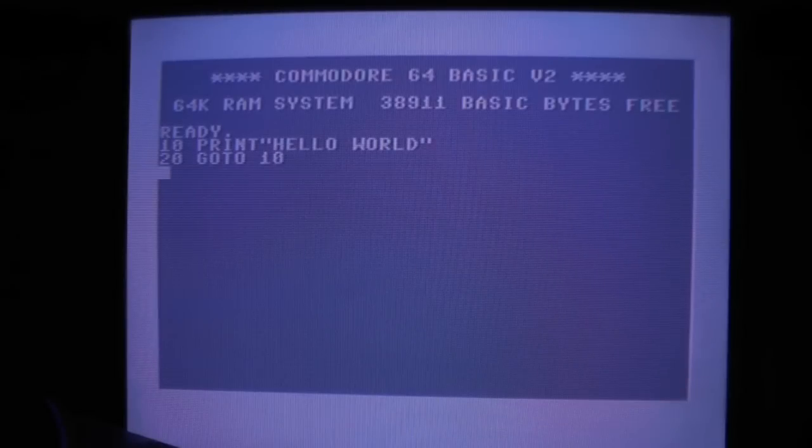Okay, I've turned the Commodore 64 on and wrote this little Hello World program. Yeah, it's a typical Commodore 64 screen. Nothing fancy, BASIC.